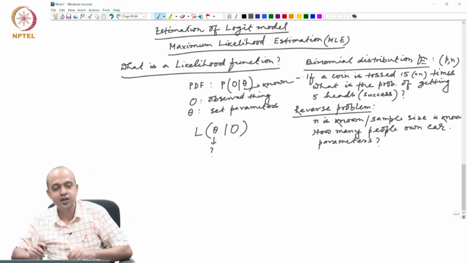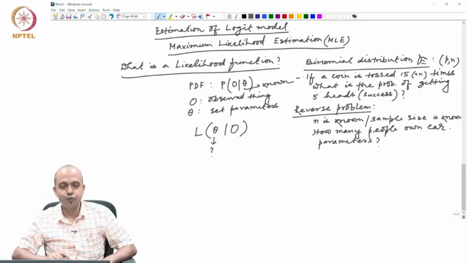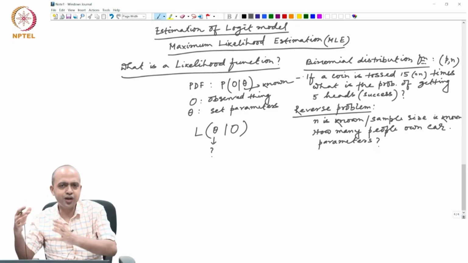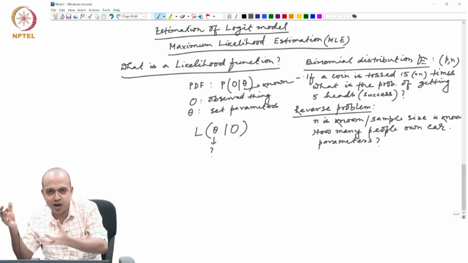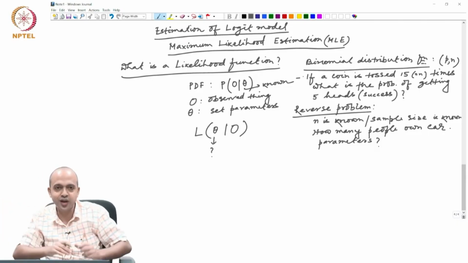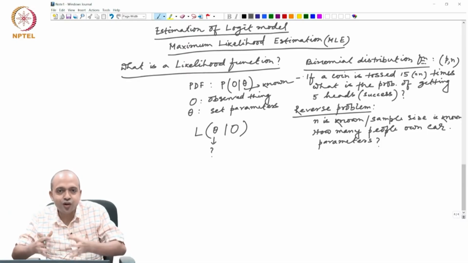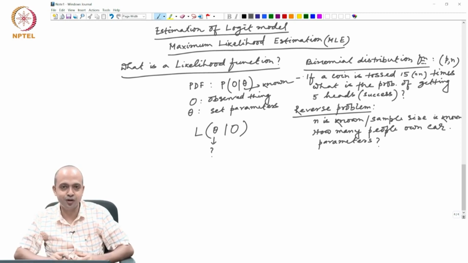That is why I say that the likelihood function is just the reverse of the probability density or distribution function. In the likelihood function, I would like to get the parameter, because a set of parameters will define the PDF, so that I can observe that sample with maximum probability.